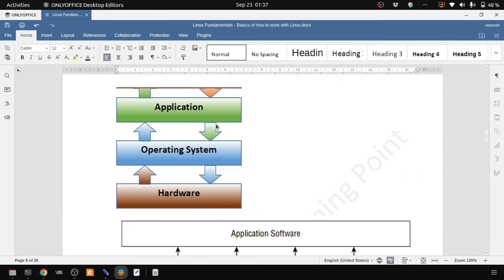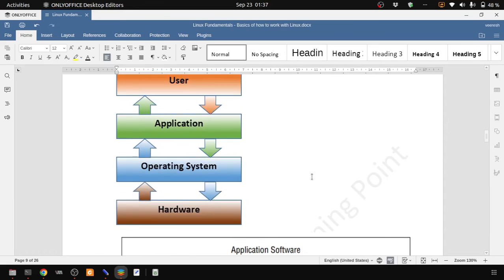So for example, you are a user, and that user needs to interact with applications. Those applications interact with the operating system, and the operating system interacts with the hardware.